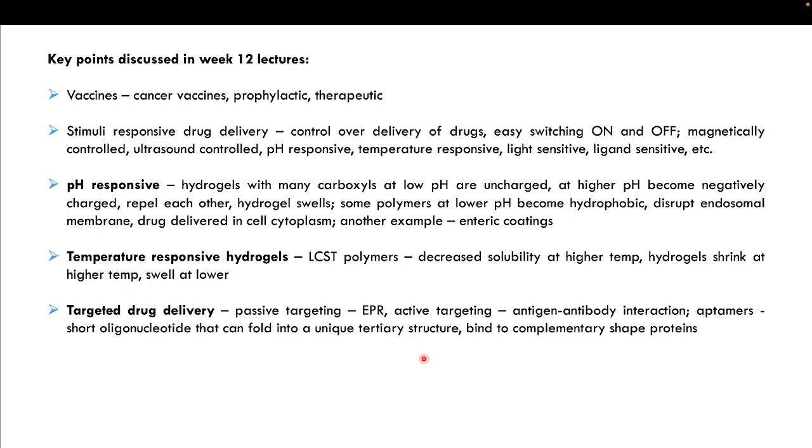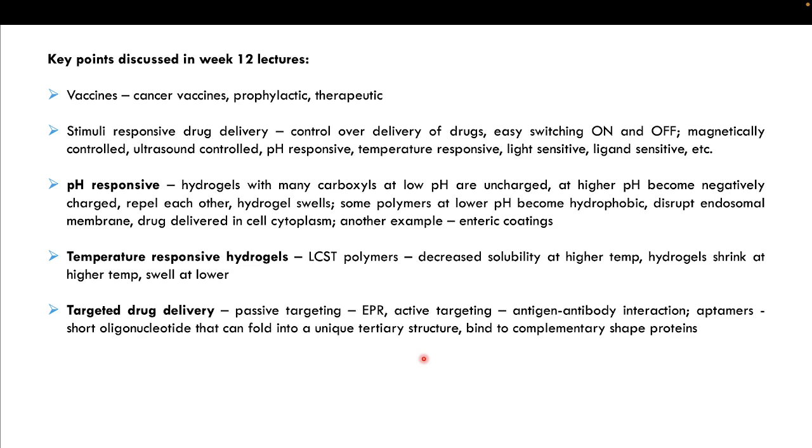In that case, you want your drug to be mostly delivered into the lungs, and you don't want it to go into the other parts, where it has no function. So this is known as targeted drug delivery, when you specifically target a given cell or a given organ.